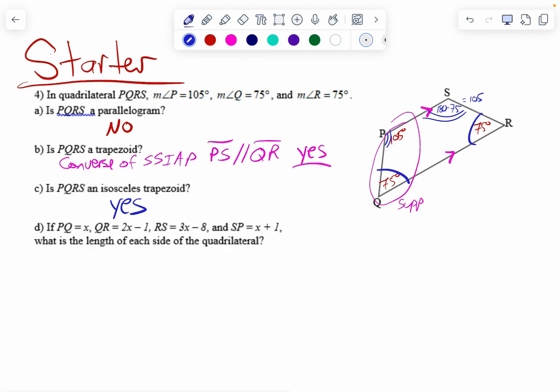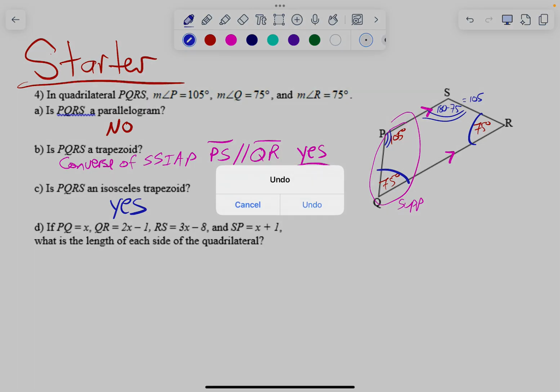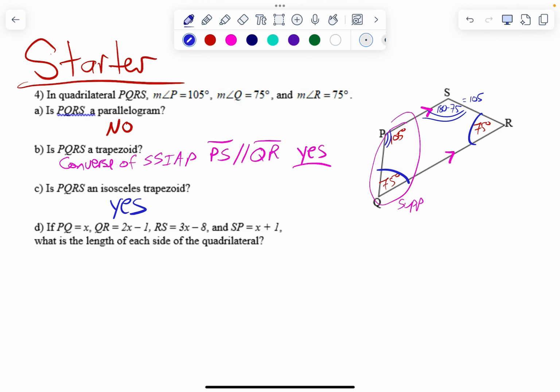Okay, so PQ, is that a side length or an angle or just what is PQ? Yeah, that's a side, right? That's the length PQ, and it is on the left side. Anyway, I'll go fill all these in, but it says what is the length of each side of the quadrilateral.